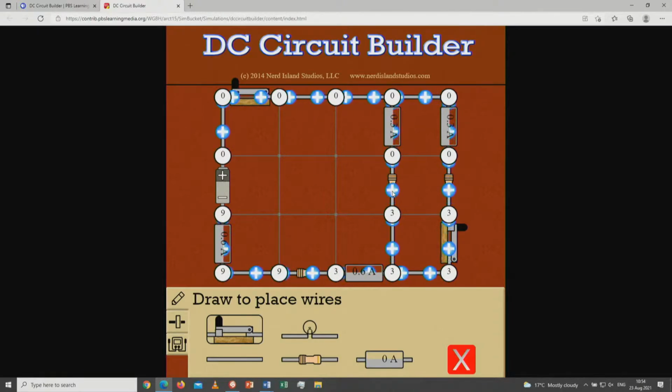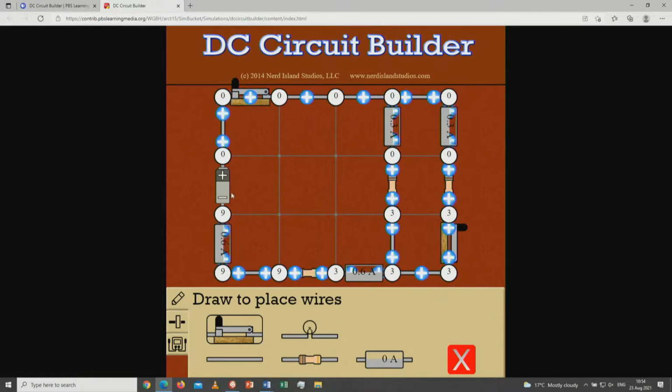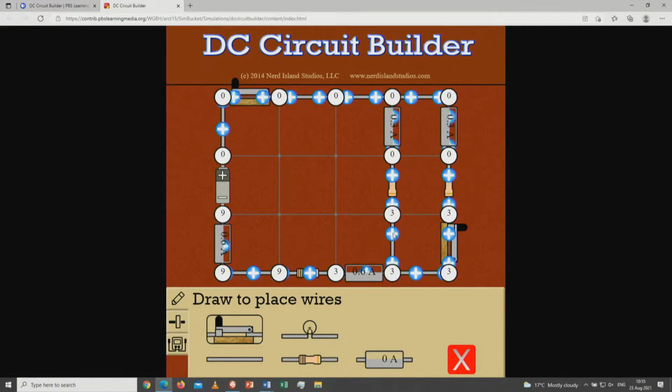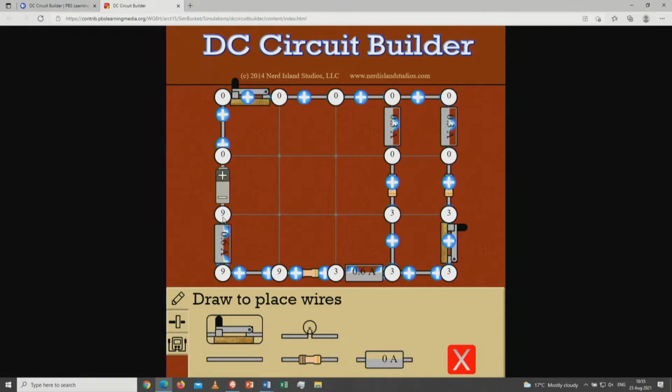The voltage across R2 and the voltage across R3 are the same. So the total voltage of the battery, which is 9 volts, will be the sum of the voltage across R1, which is 6 volts, plus the voltage across this parallel component, which is 3 volts. V total is equal to V1 plus V2.